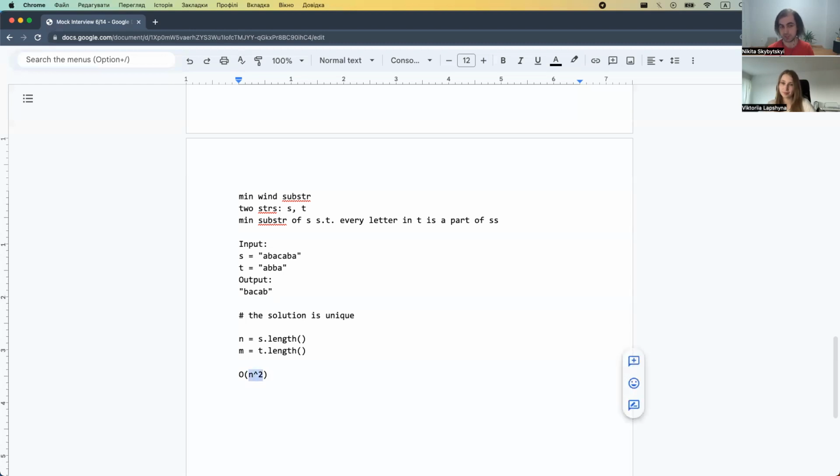On average, a substring of S has length about n over 3, so iterating over it is another factor of n, for a total of O(n^3). This is what it takes to iterate over all substrings and over all characters within each substring.